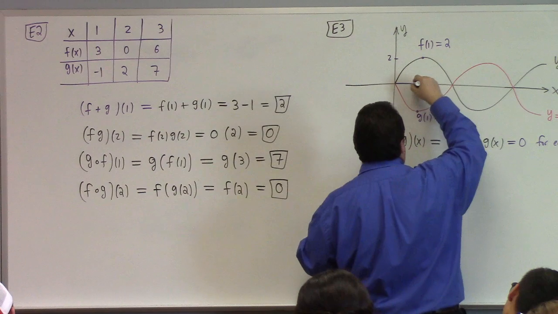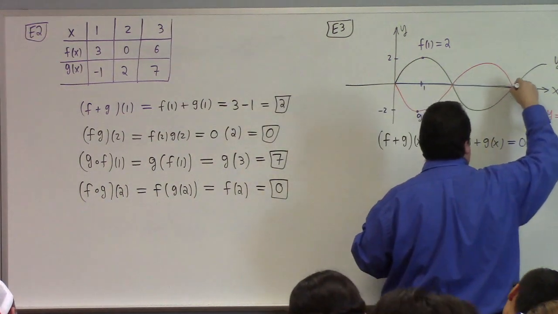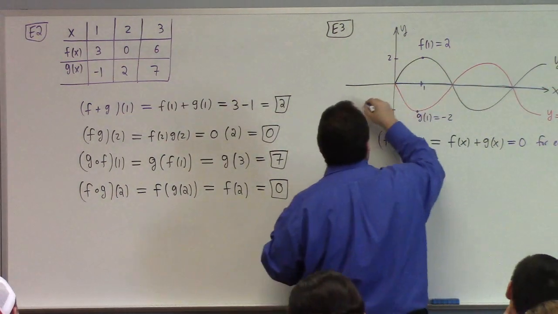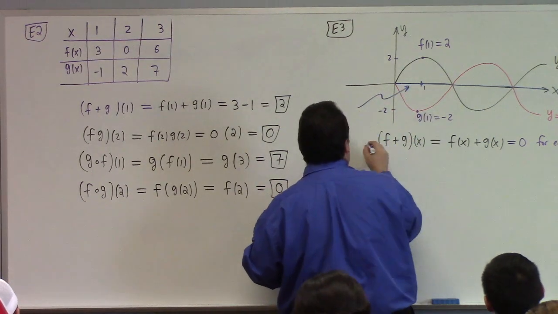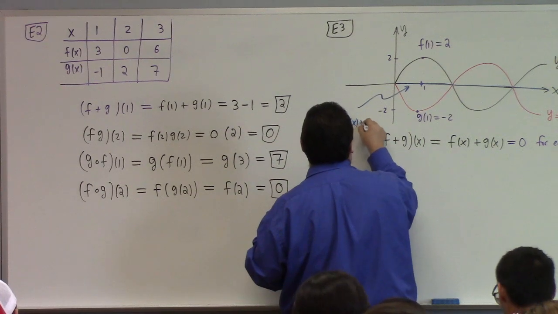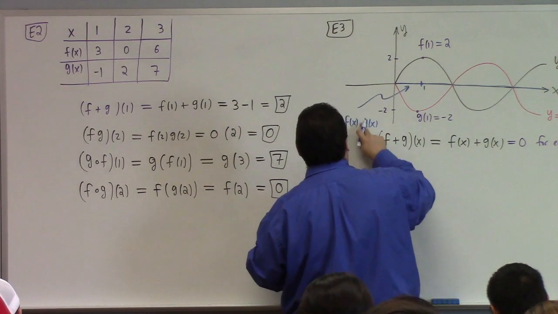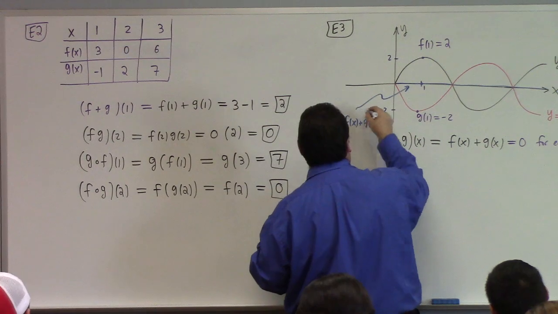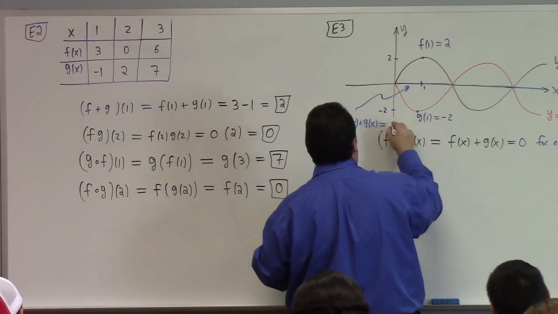But the graph of the sum function is just this guy. See that? Y equals f of x plus g of x is just equal to 0 for this example.